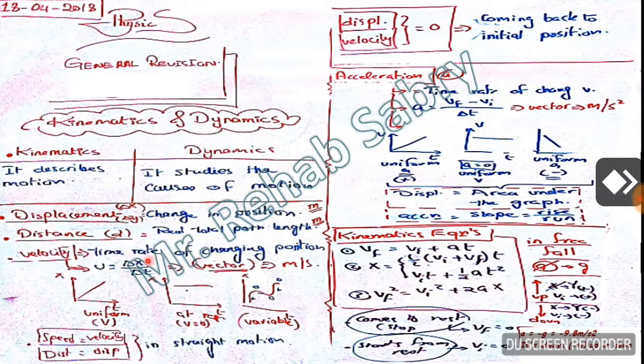Is measured in meter, yes. Time is measured in second, yes. So the SI unit will be meter per second. Can it be any other units? Yes, it can be. It can be kilometer per hour or mph.